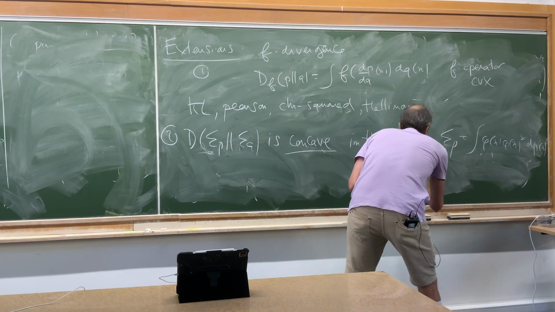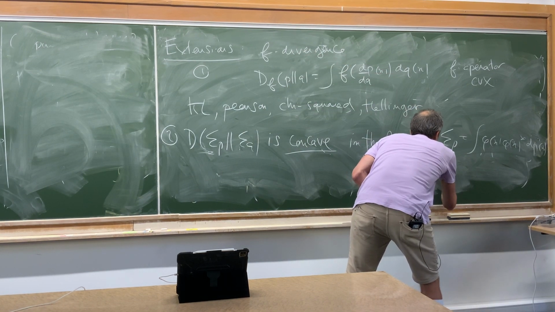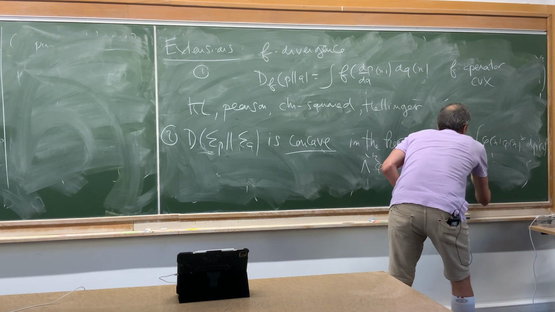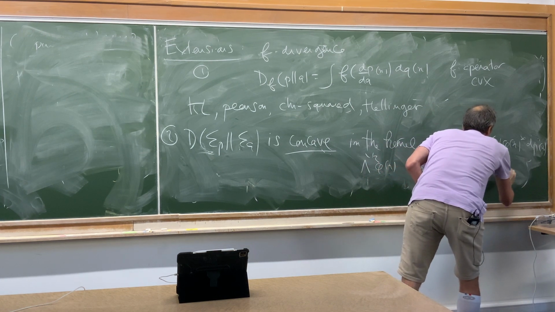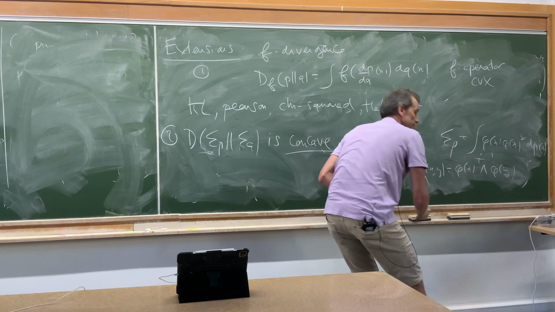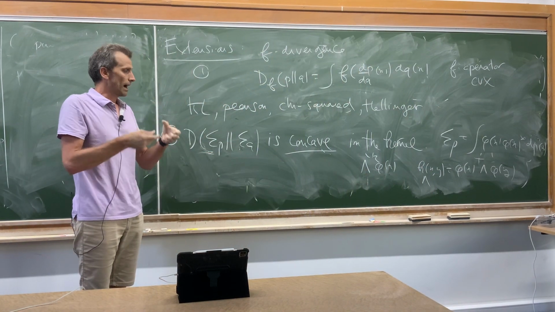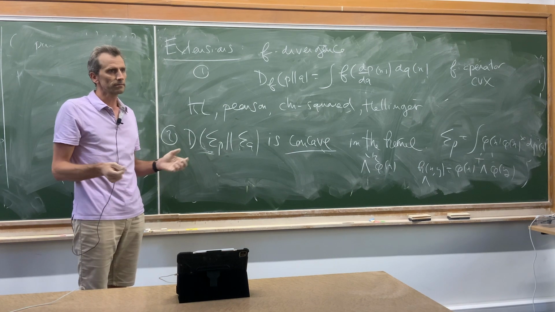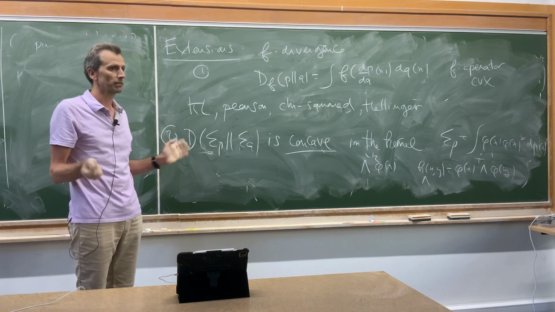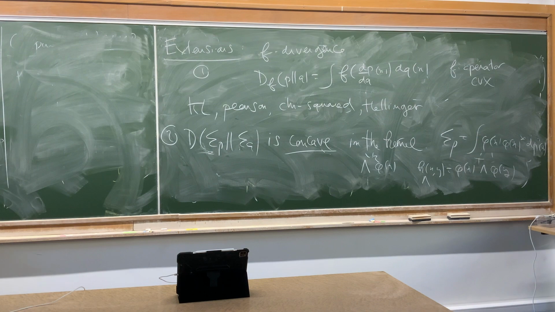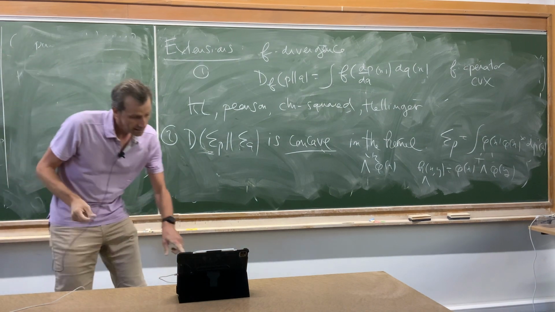So the new kernel is phi of x transpose lambda phi of y, k of lambda. Now if you take the new Sigma_p and Sigma_q as a function of lambda, this is concave. This is not obvious, not obvious to me at least when I looked at it.